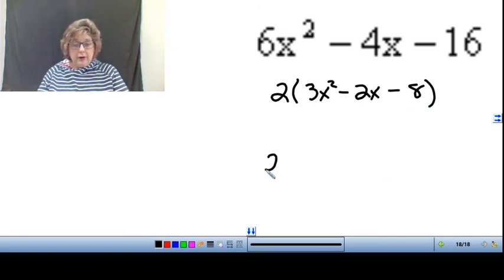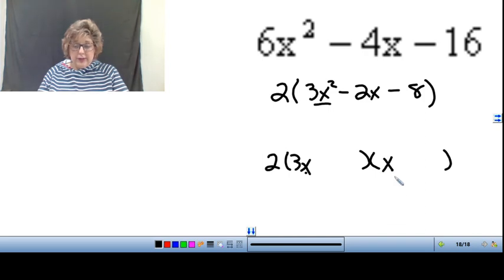I'm going to focus on the trinomial, so I'm going to give myself a little room. In the first position right here and here are the factors of that. So I know one's going to be 3x, and I know one's going to be an x, because 3x times x is 3x squared. Now I've got to work on the 8. I want to figure out what I can put in here.